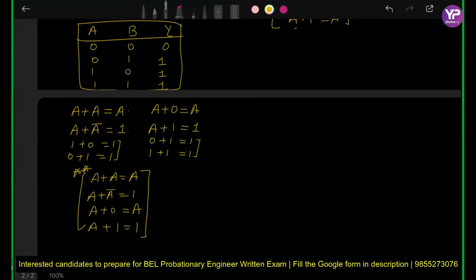Right. Okay. Now we are moving to the Boolean laws. The first Boolean law: both AND and OR operations are commutative in nature.